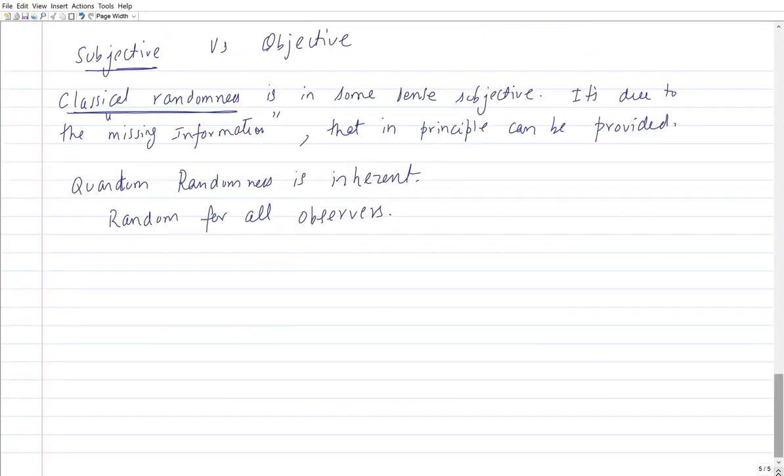So let's explore this more with our photon and a beam splitter. Let's take the setup again. I have an incoming photon to a 50-50 beam splitter.